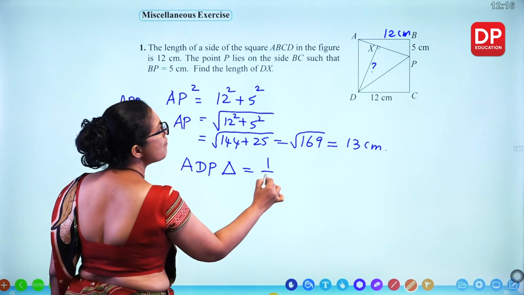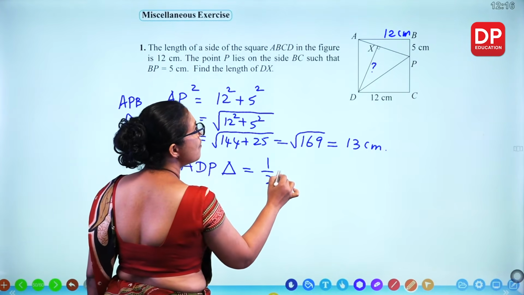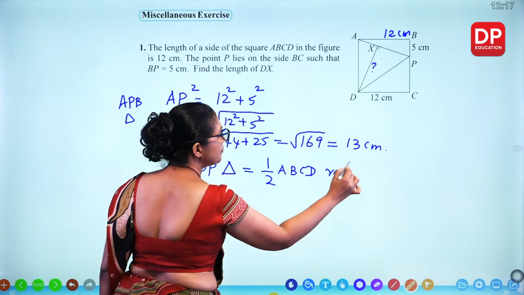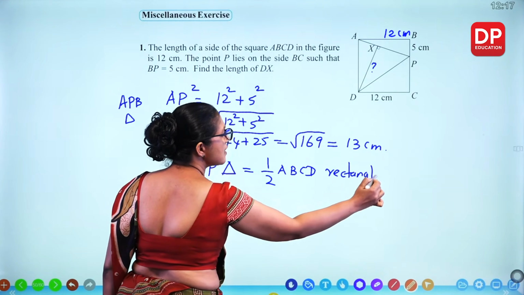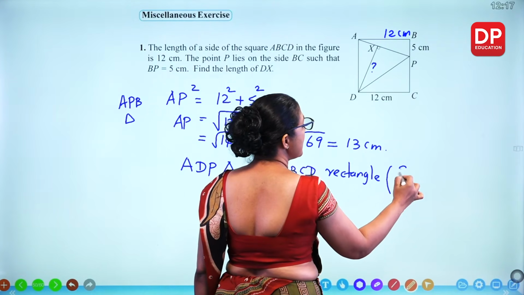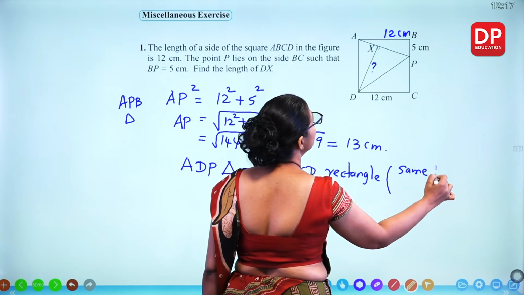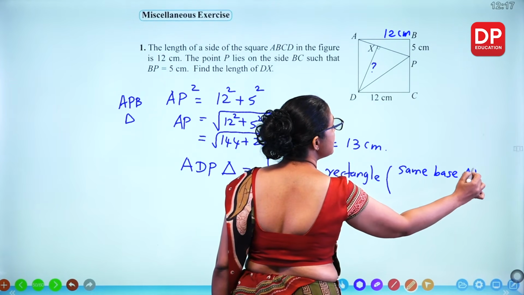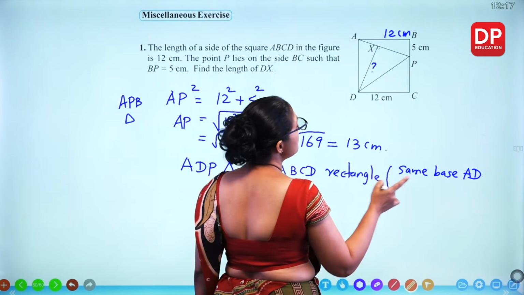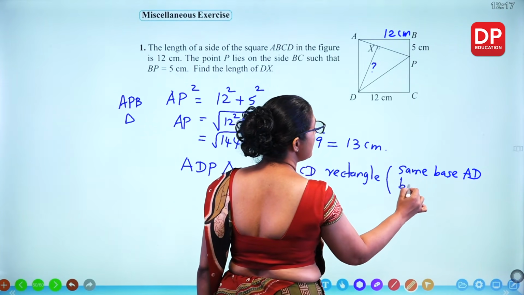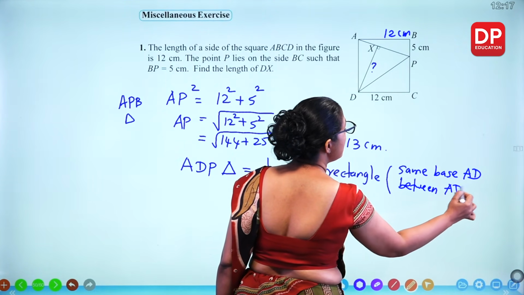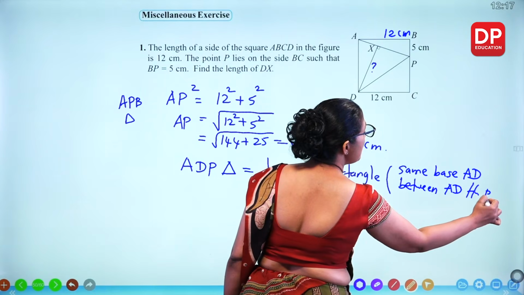It's half of the area of the ABCD square, because same base AD and the two figures are in between two parallel lines AD and BC.